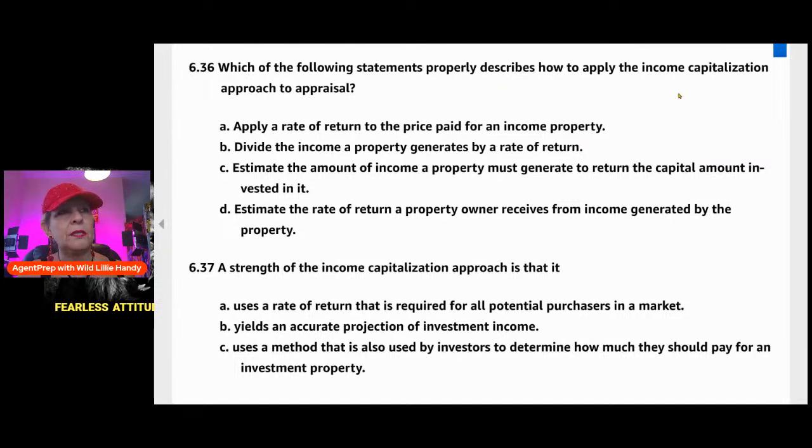So the income capitalization approach to an appraisal is dividing the income a property generates, rental income, multiplex, residential, single family, by a rate of return, which could be 5, 6, 7, 8. It's usually 10 or below. And that's what investors use to determine whether it's a good property to purchase or not, by the capitalization rate. So, 36, B.